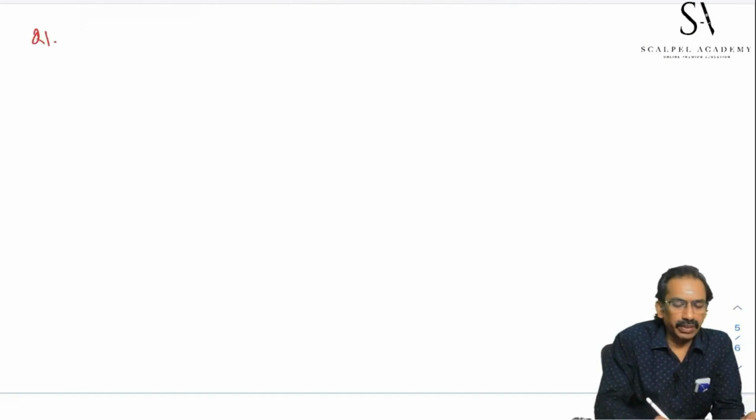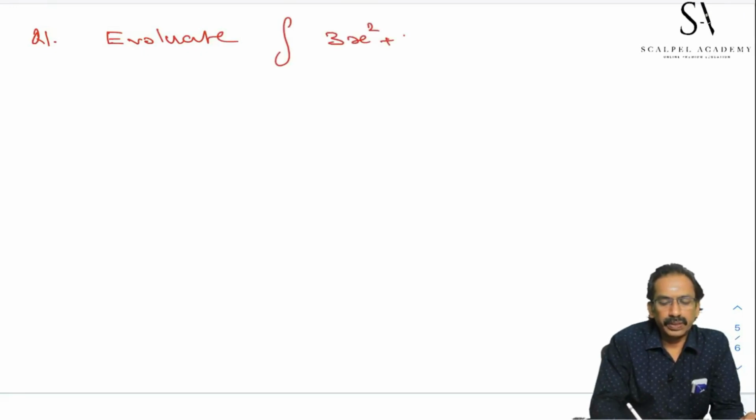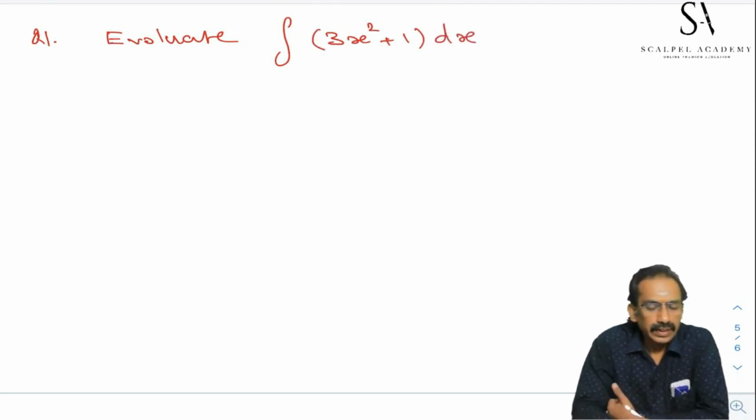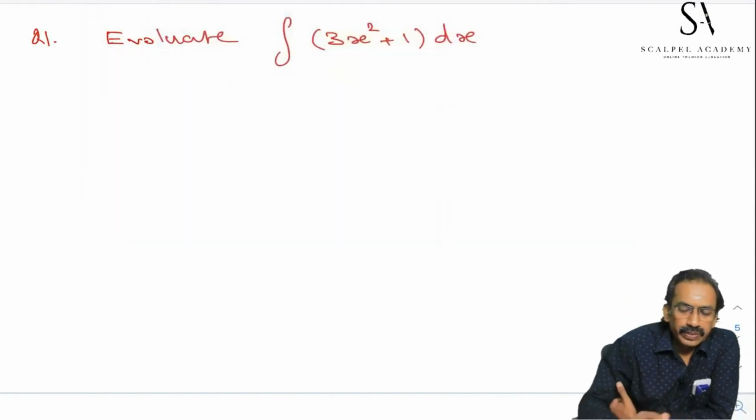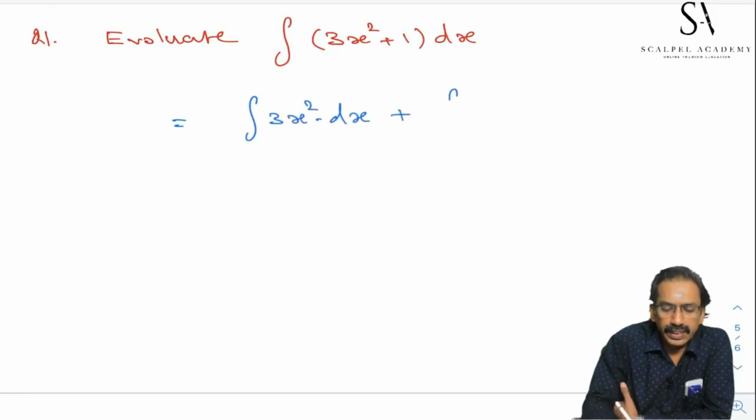Question number 1, evaluate integral of 3x square plus 1 into dx. We got it like this. This is integral 3x square dx plus integral 1 into dx.